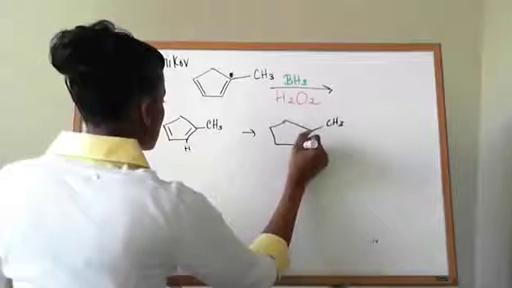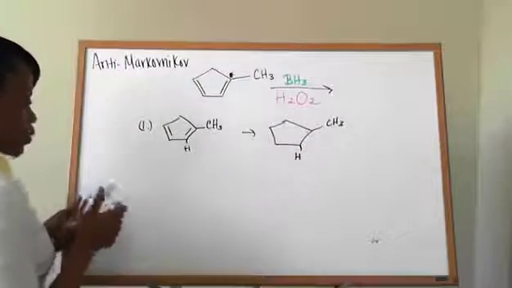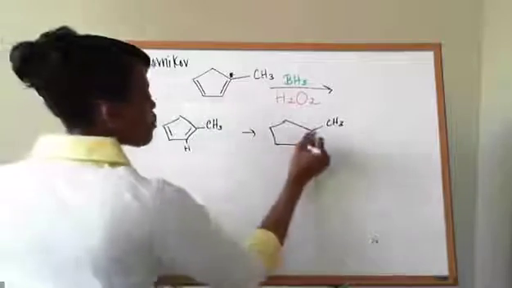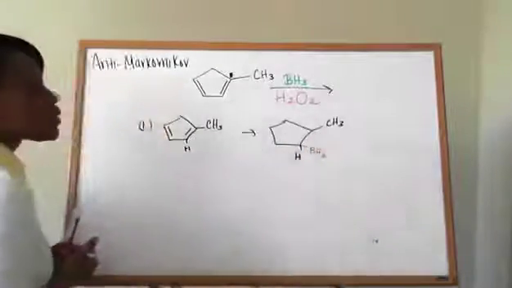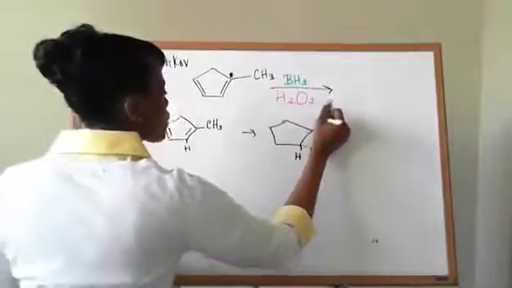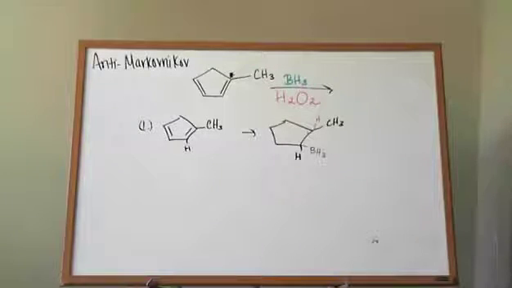If that's the case, we're going to have our H here, but we're going to add our borane here. And then we're going to add our hydrogen here. So that's the anti-Markovnikov product.